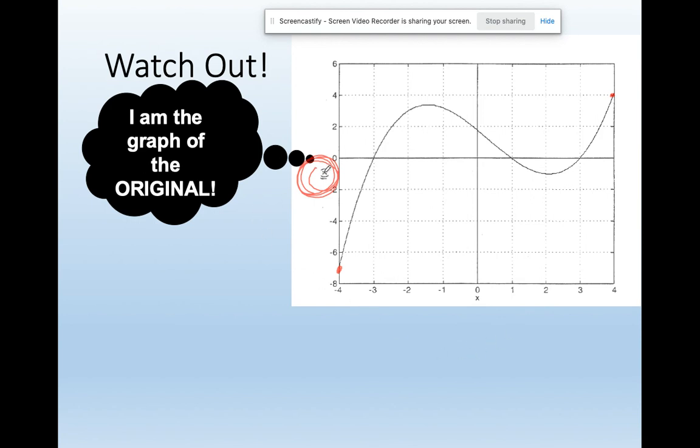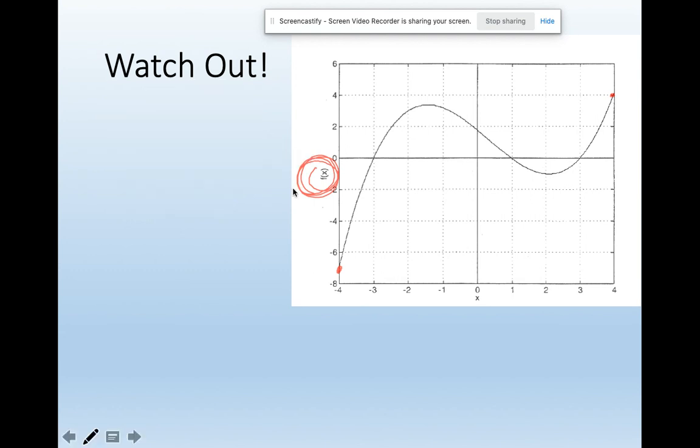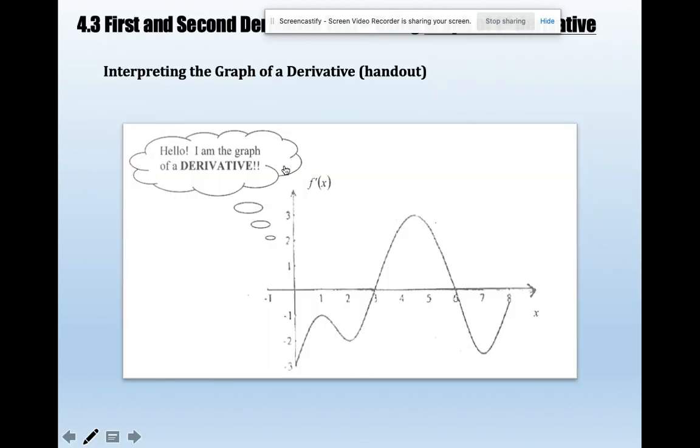This is the graph of the original. So the questions on this handout ask you, given the original, answer questions about the derivative. The previous one was given the graph of the derivative, answer questions about the original.